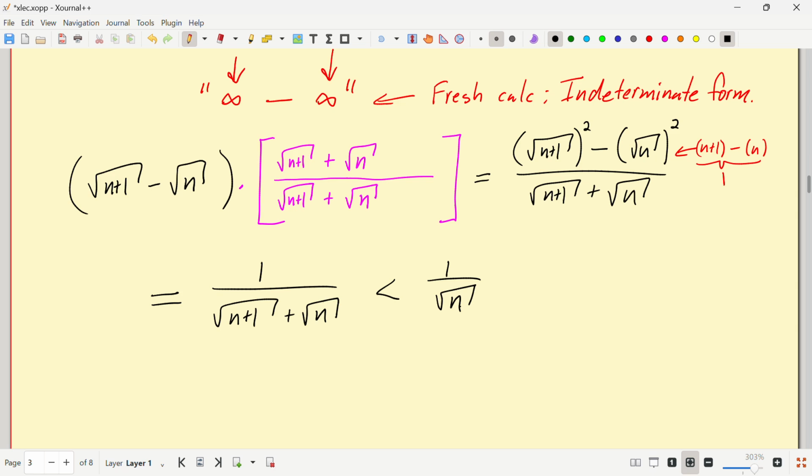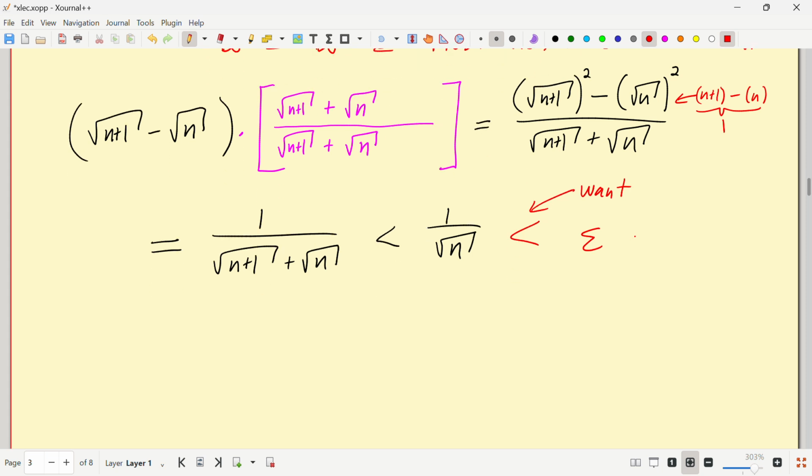Now I'm going to do my epsilon thing. I want to show this is going to 0, so I want this to be less than epsilon. Then I would go backwards and see that my original thing is less than epsilon. So I can square both sides and get 1 over the square root of n squared needs to be less than epsilon squared.